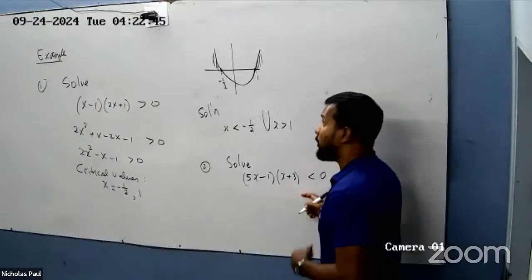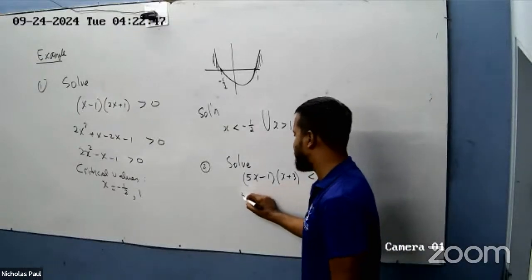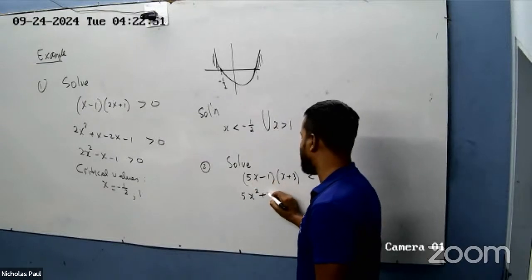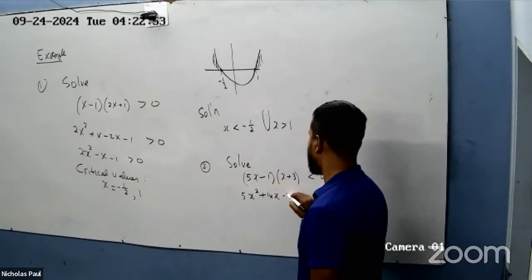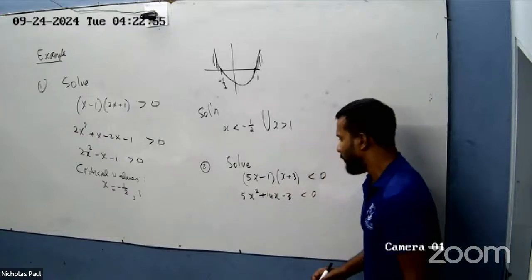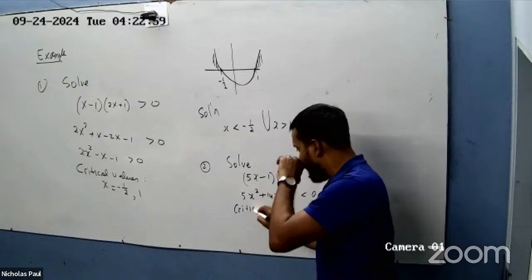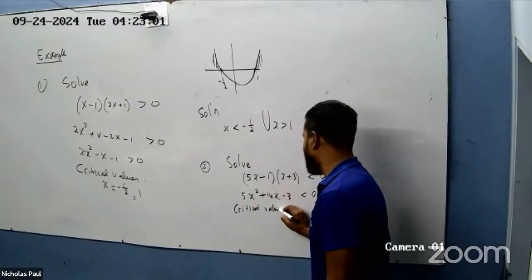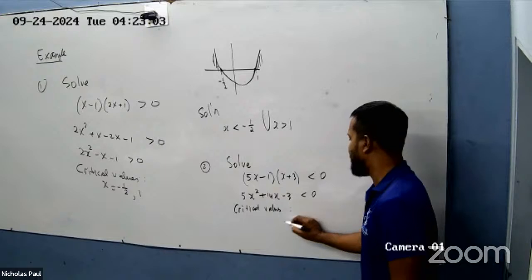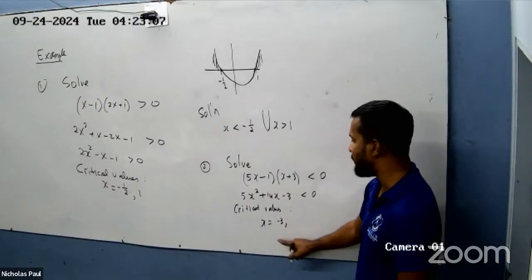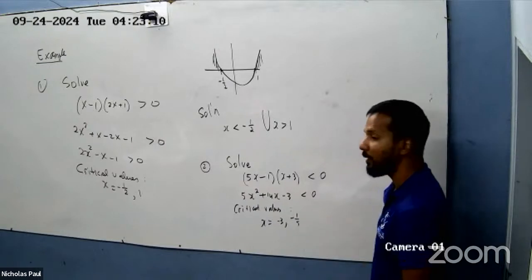Right, so to work out this here, we check it to make sure, so I'll get 5x². 15 minus 1 is 14 minus 3. And then when you solve it, you will get your critical values. Critical values are x is equal to -3 for the smaller value first, and the larger value out.